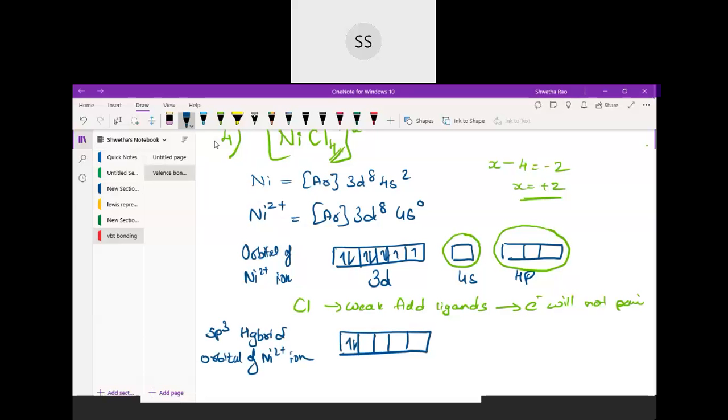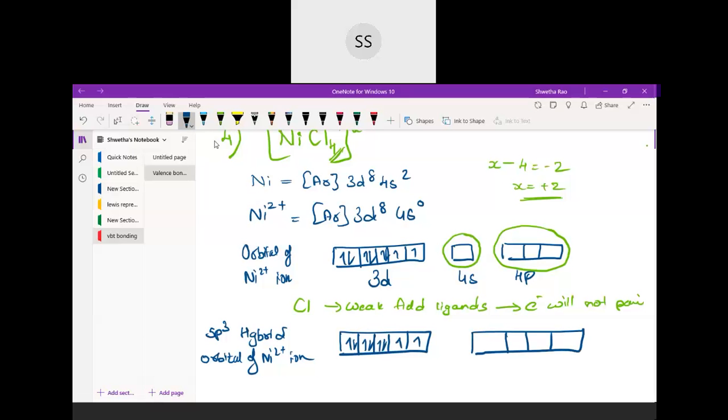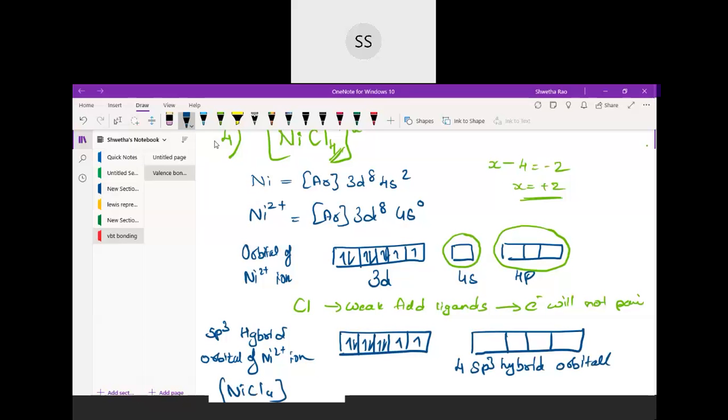You can see 3 pairs of electrons and one unpaired electron. We combine the 4s and 4p together, so there are total 4. So I can write here 4 sp3 hybrid orbitals. And last is writing the complex, that is NiCl4 2 minus.